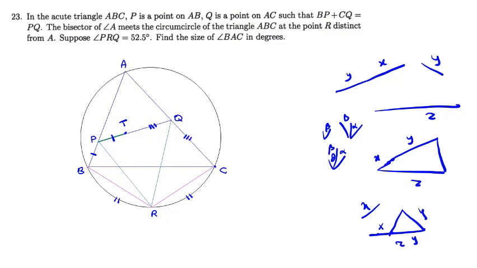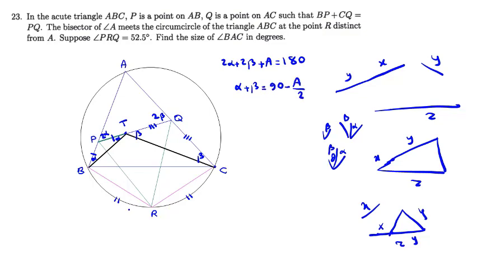Now, if we draw a line, here this angle is alpha, this angle is alpha, this angle is beta, this angle is beta, because of the isosceles triangle. So the exterior angle is alpha plus alpha, 2 alpha, and this angle is 2 beta, beta plus beta. So 2 alpha plus 2 beta plus A in this triangle APQ is 180. So alpha plus beta is 180 minus A over 2, which will be 90 minus A over 2.